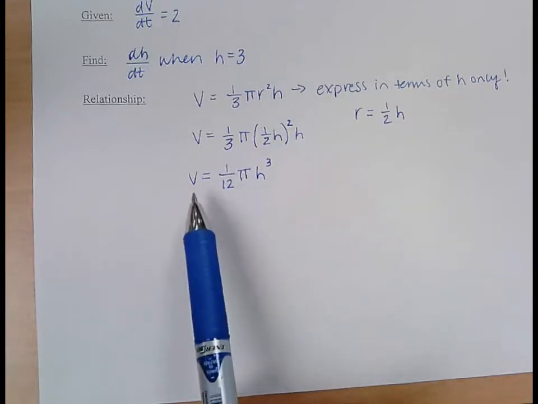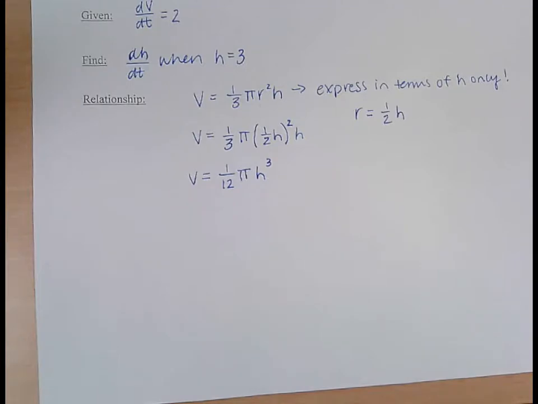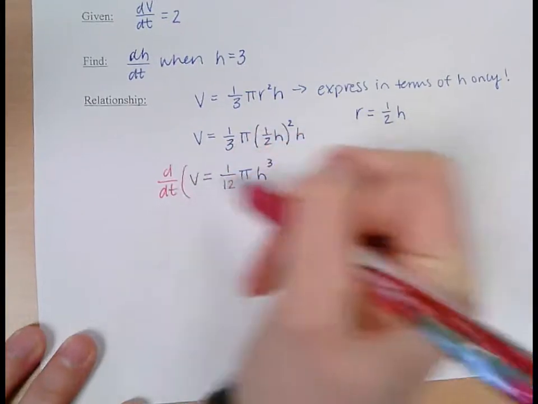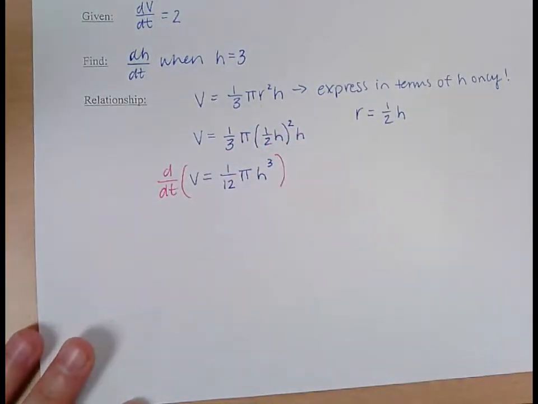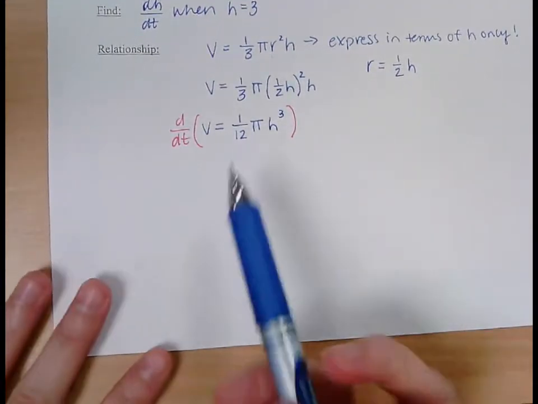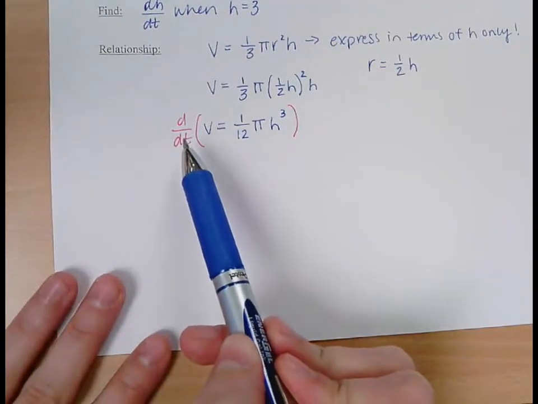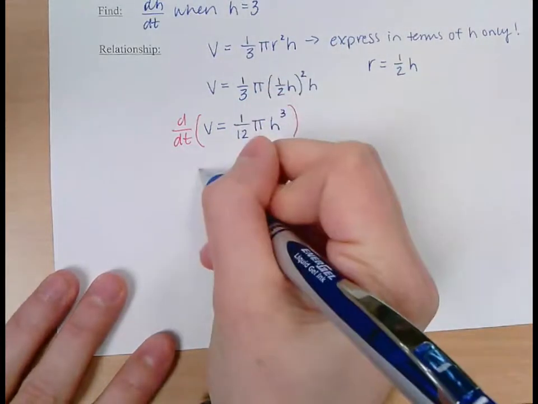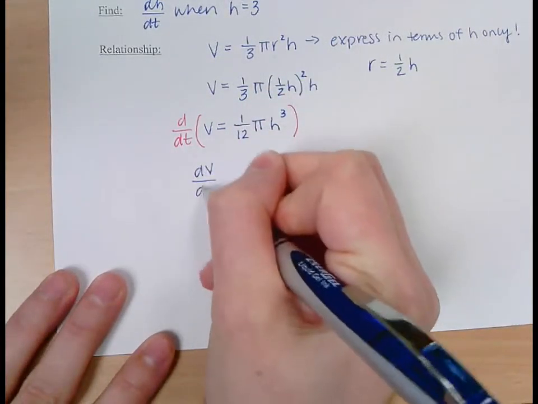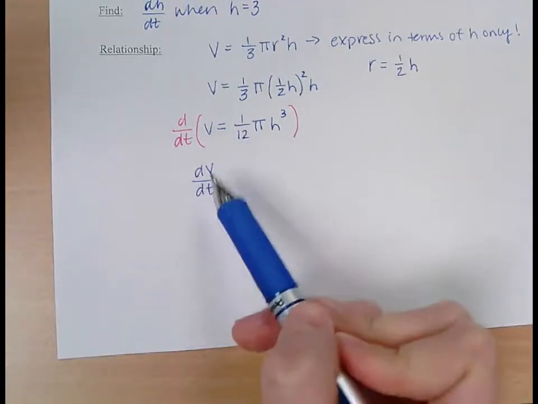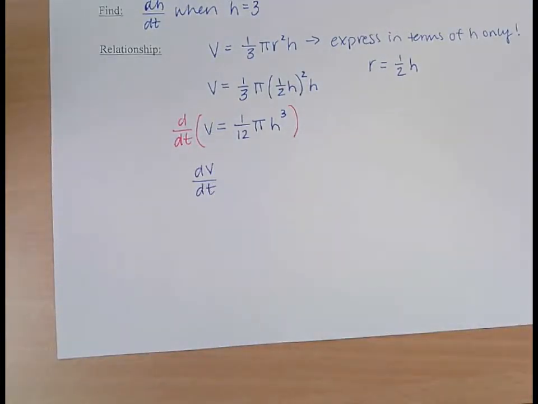So then, now I'm at the point where I can take the derivative of everything with respect to time. So I'm taking d/dt of everything on both sides. So the derivative with respect to time of V is just going to be dV/dt, or I could think the derivative of V is 1 and then multiplied by dV/dt.